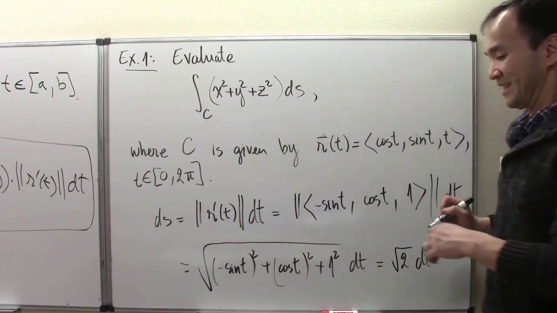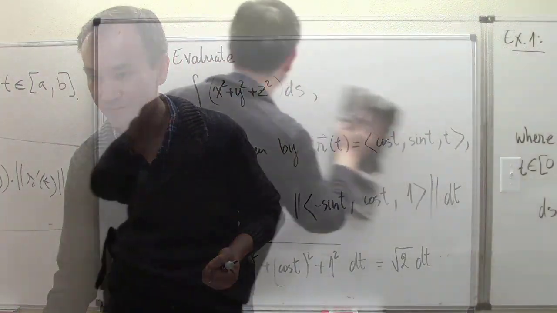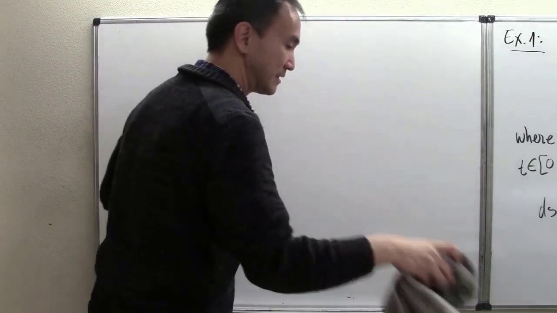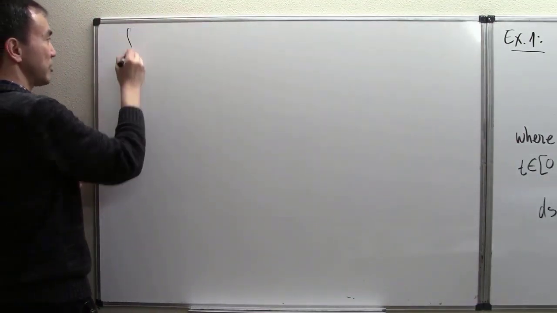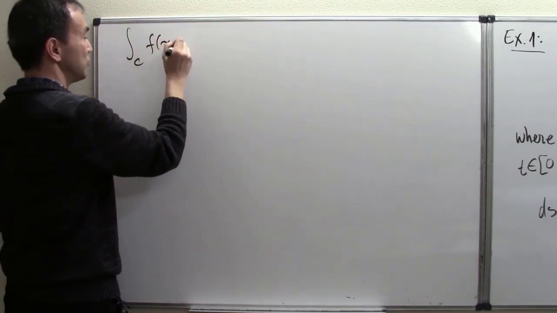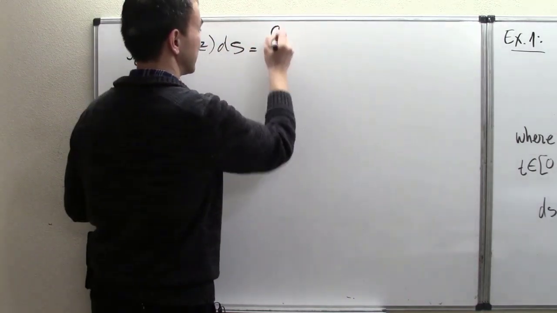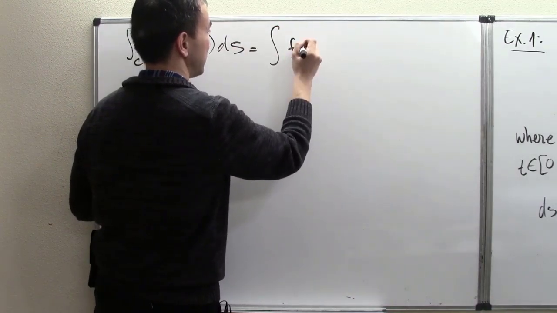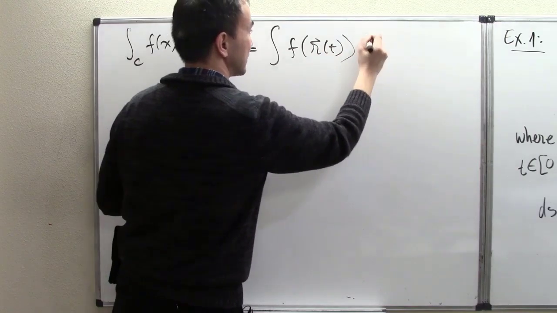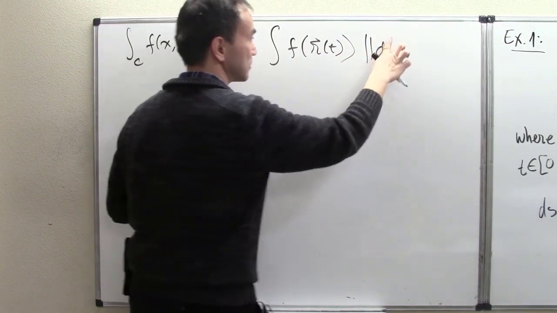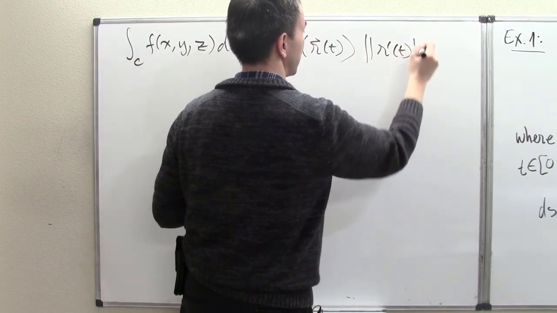All right. And so now, as a reminder, the theorem said the integral of f of x, y, z ds equals the function at the vector valued function r of t, multiplied with the magnitude of r prime of t dt.